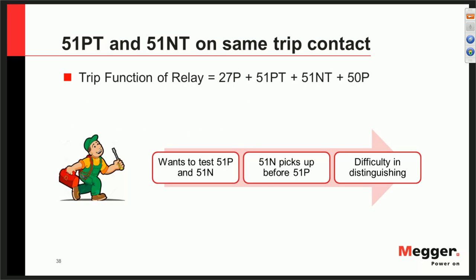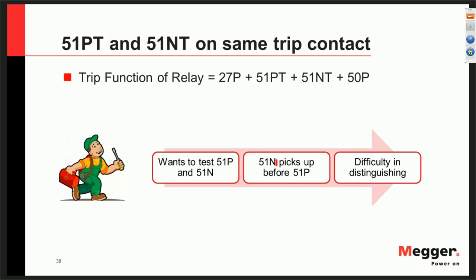But he sees a problem. The problem he sees is that his 51N element is getting picked up before his 51P. He's doing a single phase test, to be more clear, and according to the test, the 51N element is getting picked up before 51P all the time. He's not able to test his 51P. There is a reason why the 51N pickup is less than the 51P pickup in relays.